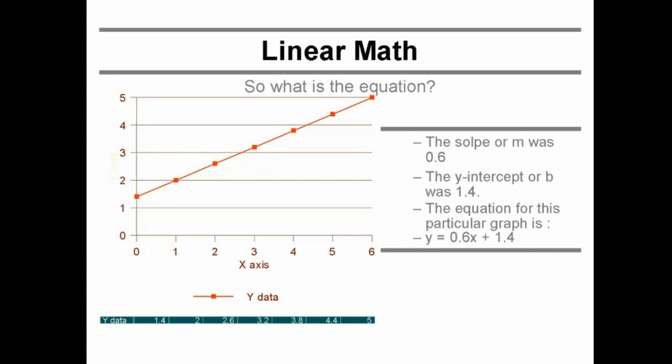Why are we doing this one? Because now, if you have not enough data points or you want to predict what happens if this number down there is a 12, now what would be my y value? My x value is 12. It's outside of the graph. Now I can plug it into the equation and I can start modeling. This is the very simplest form of making a mathematical model of anything.